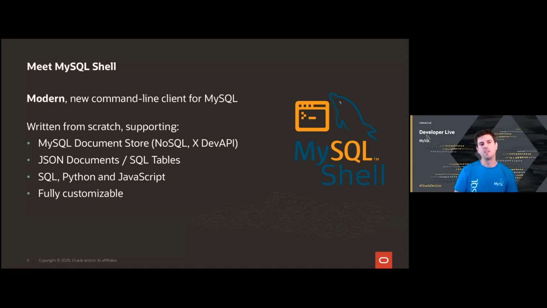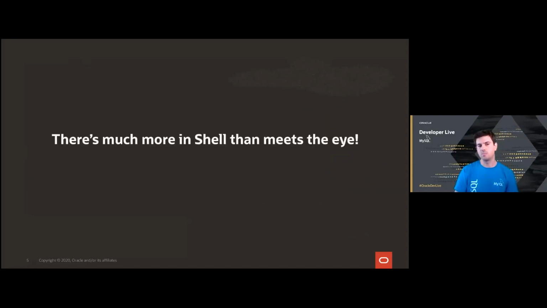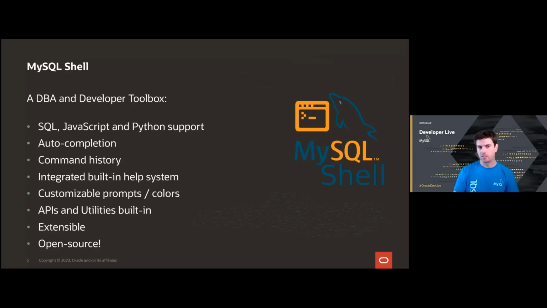So let's move on. And let me tell you that there's much more in Shell than meets the eye. Shell was implemented having in mind to become a DBA and developer toolbox. Like you saw, it has support for SQL, JavaScript, and Python. It has auto-completion, very handy, and command history.